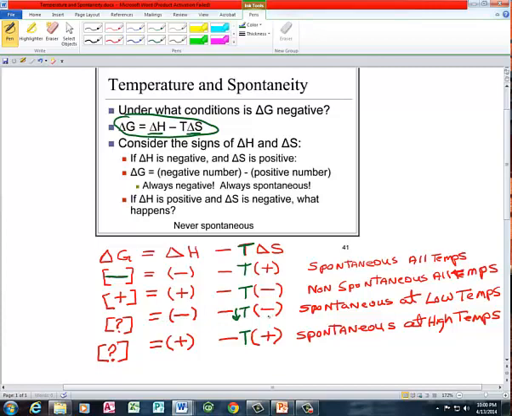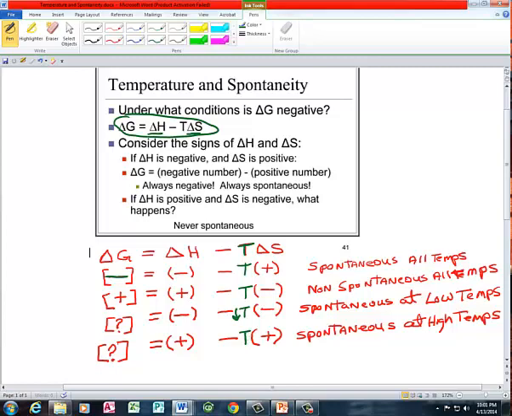And finally, we get to the final combination where we have a positive or endothermic delta H and a positive or increase in entropy delta S. We have a positive minus a positive. Well, a positive minus a positive will only result in a negative value for the delta G if the temperature is very high.